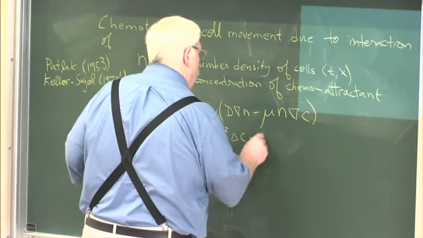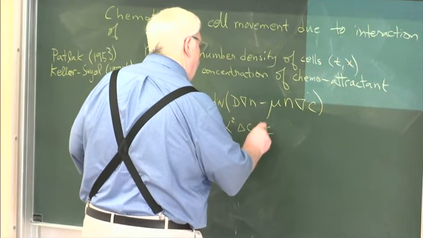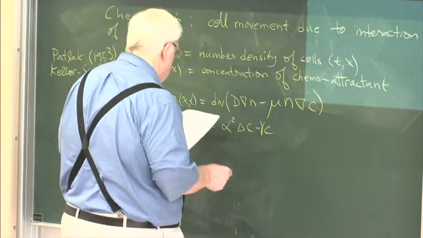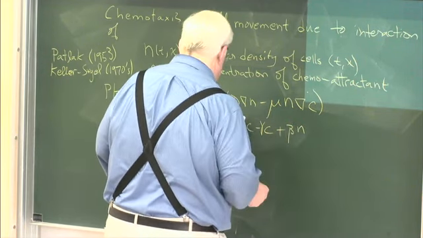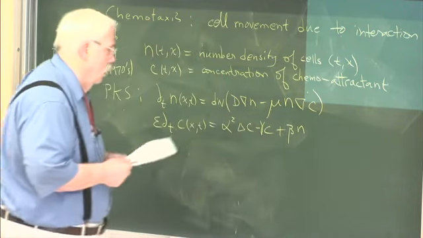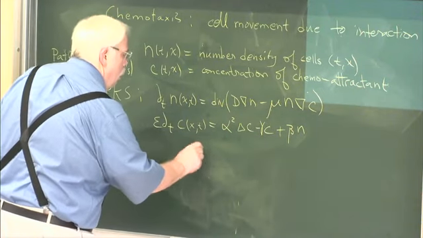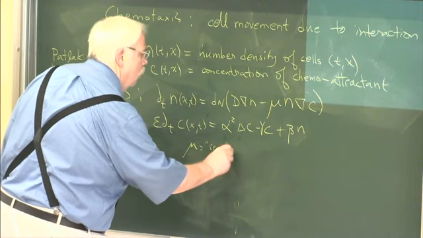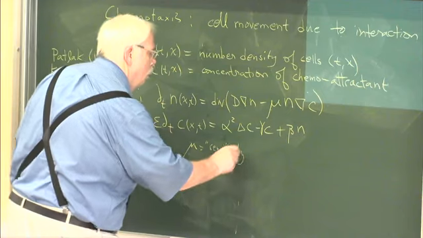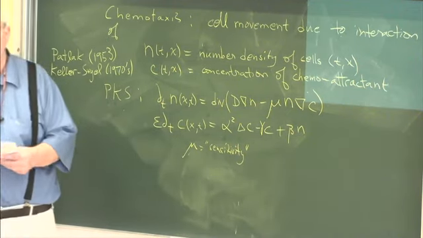And minus gamma c plus beta n. Okay, so this guy mu is sensitivity. I'll stop now. I just ask you to count the number of parameters in this problem.